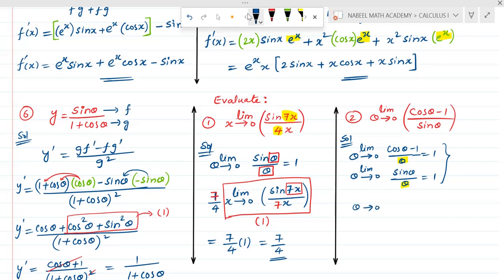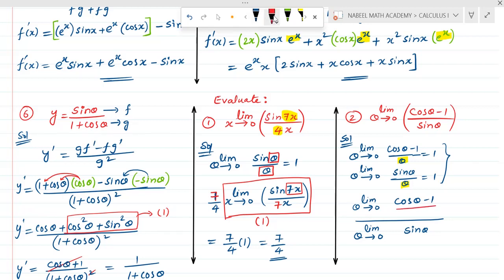Limit as theta approaches 0, cosine theta minus 1 over limit as theta approaches 0 of sine theta. We can apply the limit to the numerator and denominator. I have to make an adjustment in such a way that it should be equal to 1. I want to use the rule.